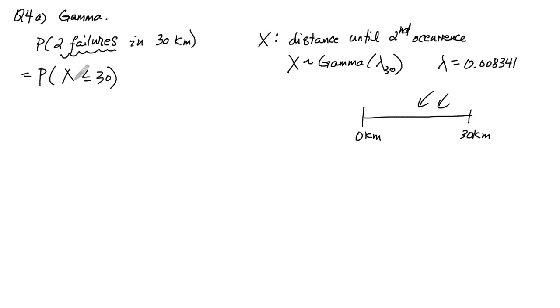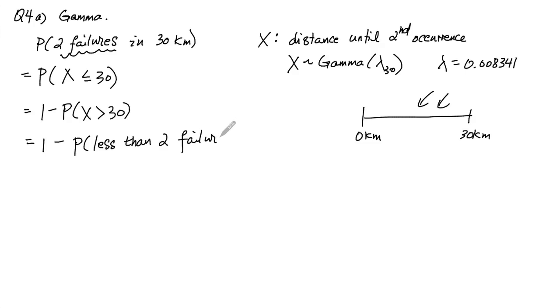Okay. Now there are 2 ways of computing this. One, using the Poisson method, and 2, using the gamma integral approximation. So the Poisson method: this is equal to the complement of x being greater than 30. And x being greater than 30 means that it is the probability that there are less than 2 failures in the first 30 kilometers.